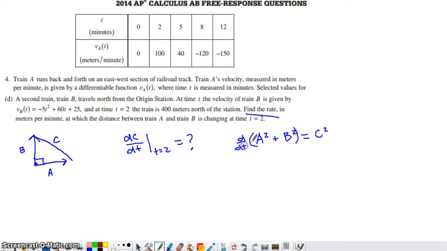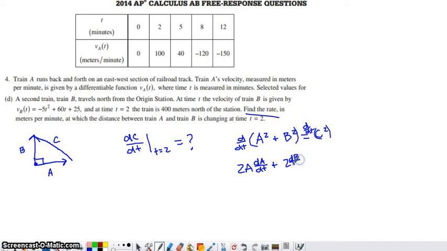So if we take the derivative of that side with respect to t, and then we also take the derivative of this side with respect to t, it's going to be implicit differentiation. A is a function of t, so we're going to do the derivative of the outer function and then multiply by the derivative of the inner function, a. Derivative of b squared is going to be very similar. We're just going to have different variables.